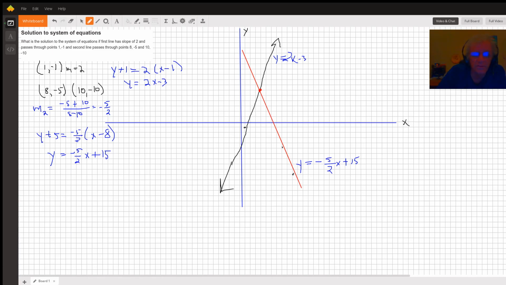The question is, how do I find that algebraically? So I'll go back to the room here, and we've got this system of equations. y equals 2x minus 3 and y equals negative 5 halves x plus 15.